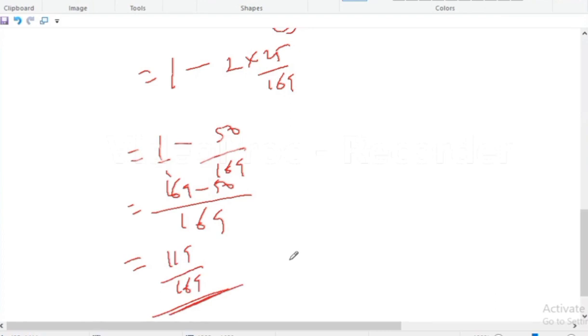You also can try this. You can try this.